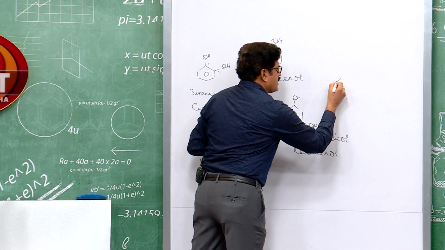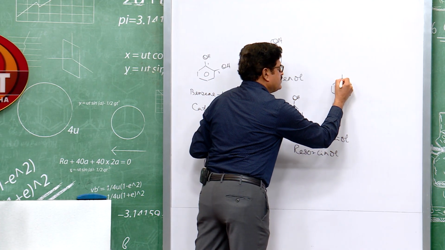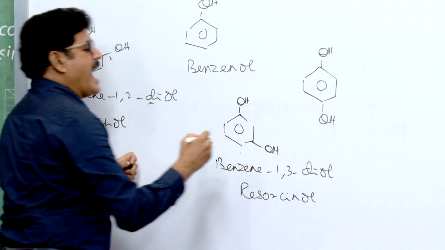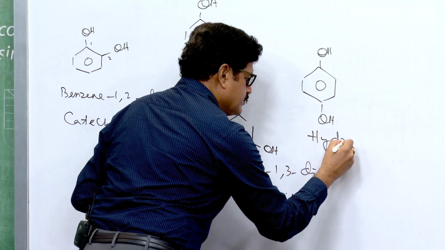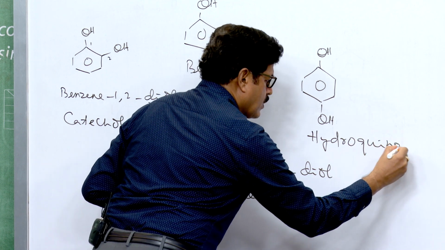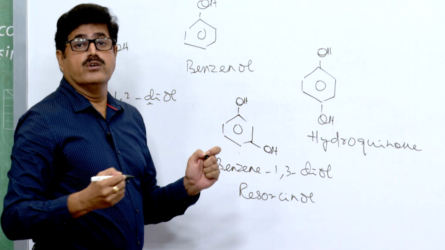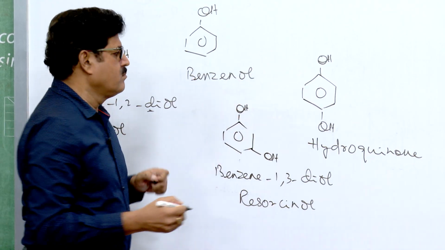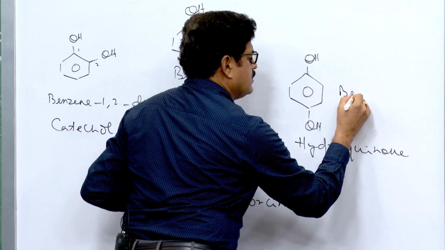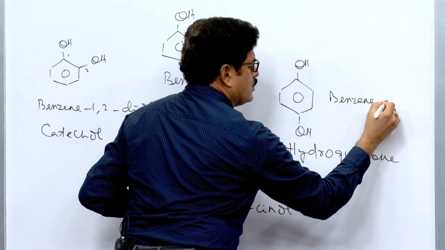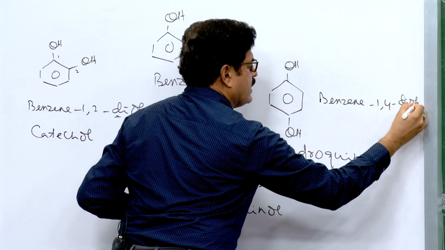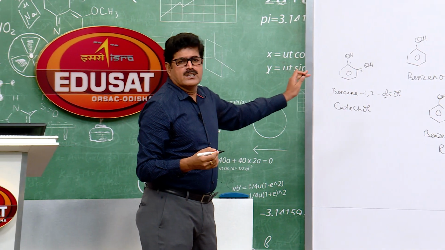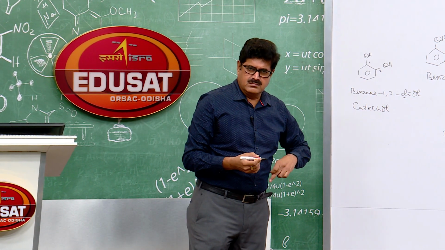Next isomer, the para isomer, it is hydroquinone, common name hydroquinone. What is the IUPAC name? It is benzene 1,4 diol. Got it? So this is the nomenclature of dihydric phenols.